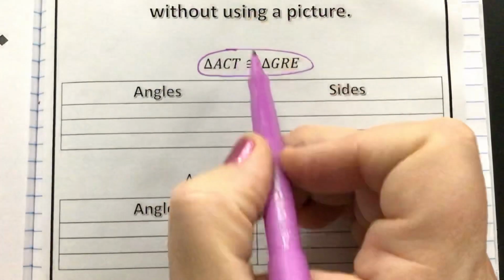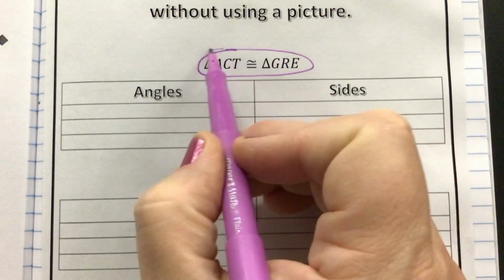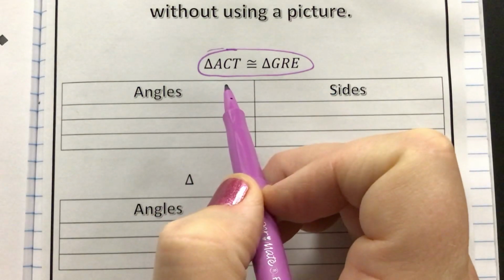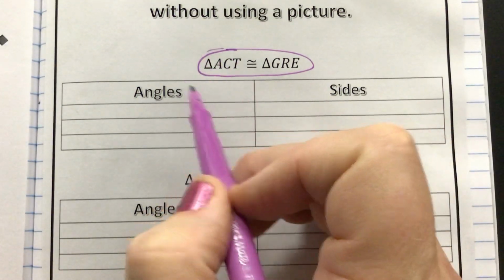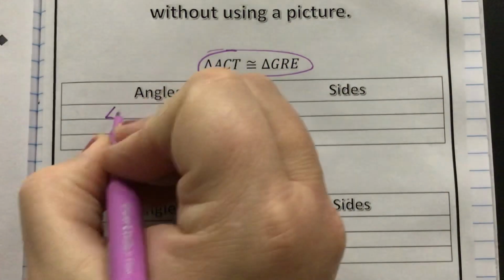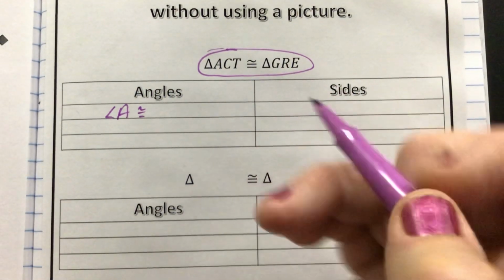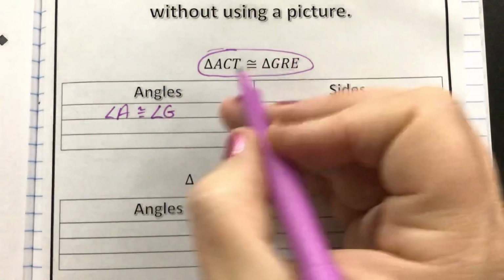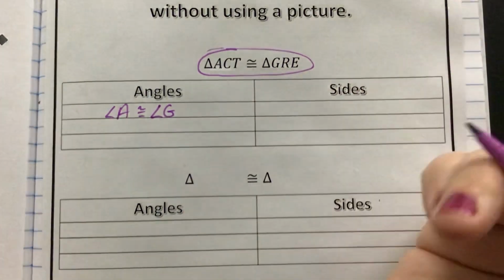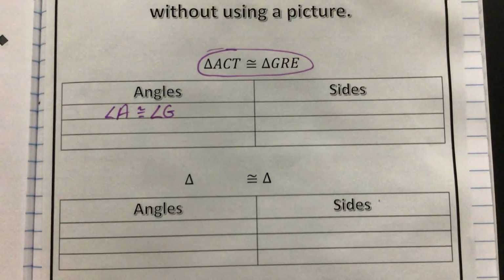Okay, so what's one angle out of the first triangle without even looking at a picture? Let's just name it with one letter. Let's make it easy. Angle A. So what is angle A congruent to in the other triangle? G. Because A and G are both listed first, that means they go together.